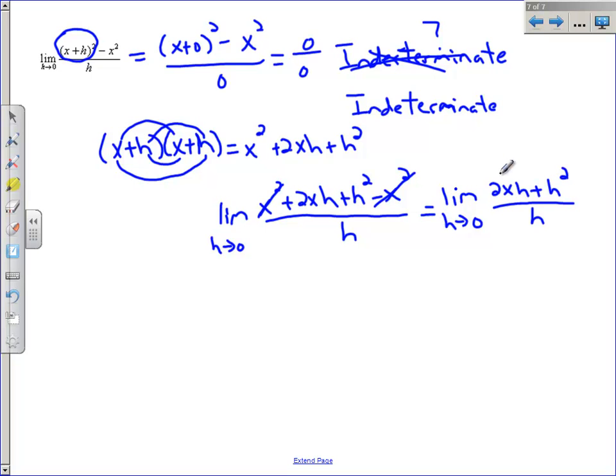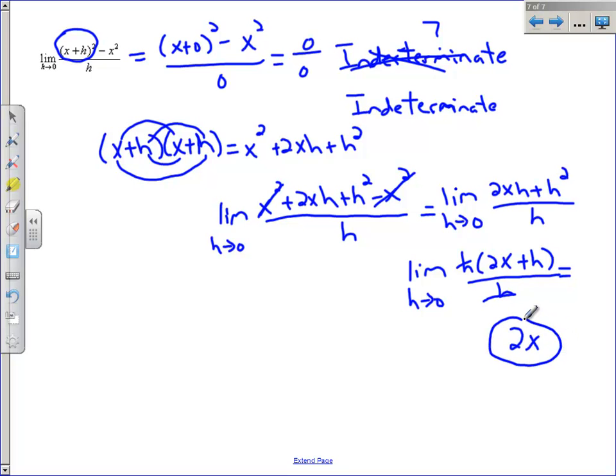Now at this point I can factor an h out of the top, and that's going to leave me 2x plus h over h. These h's cancel, and now when we plug in 0 for h, we don't get 0 over 0 anymore. We get another function, which is 2x.